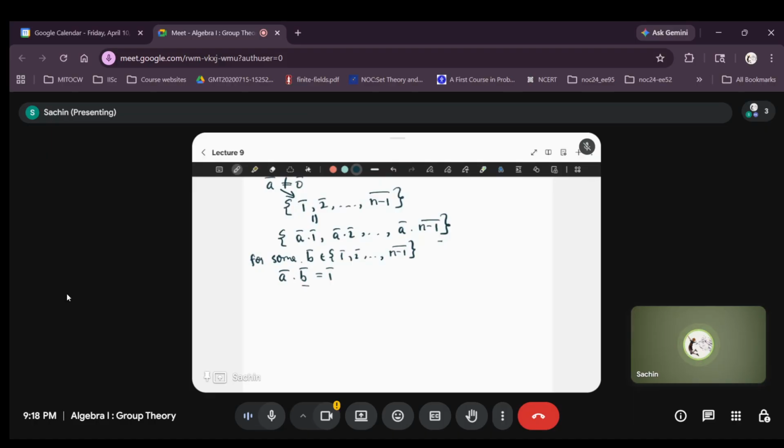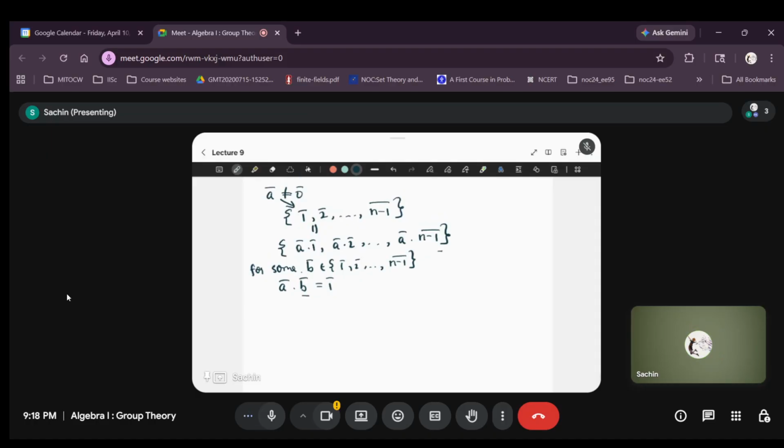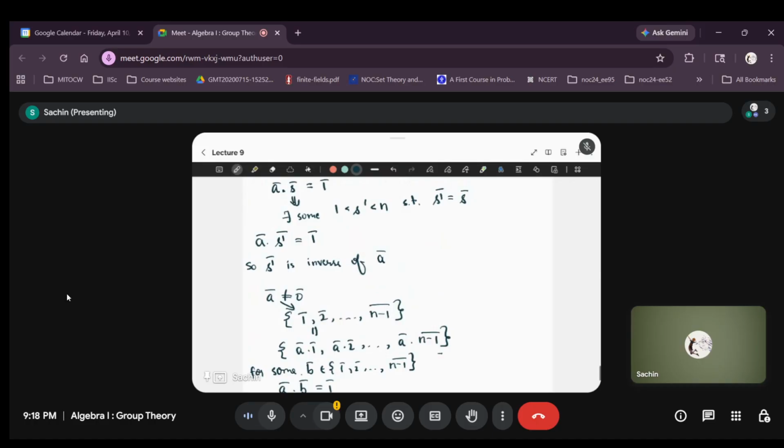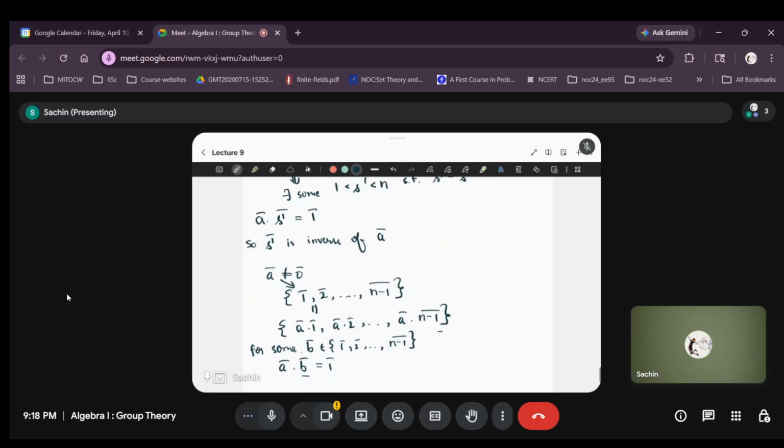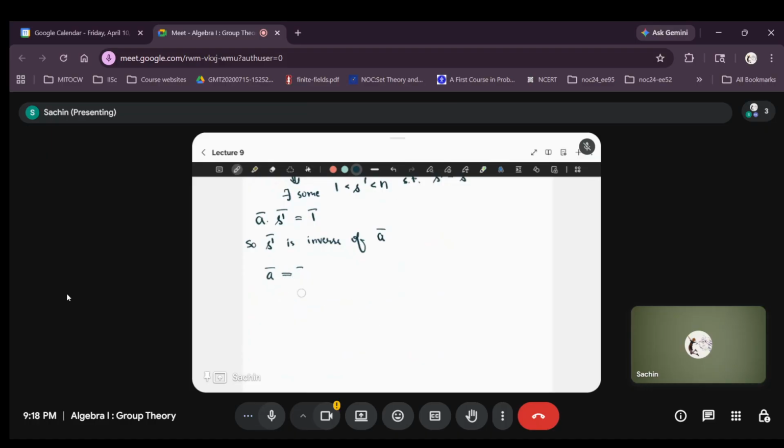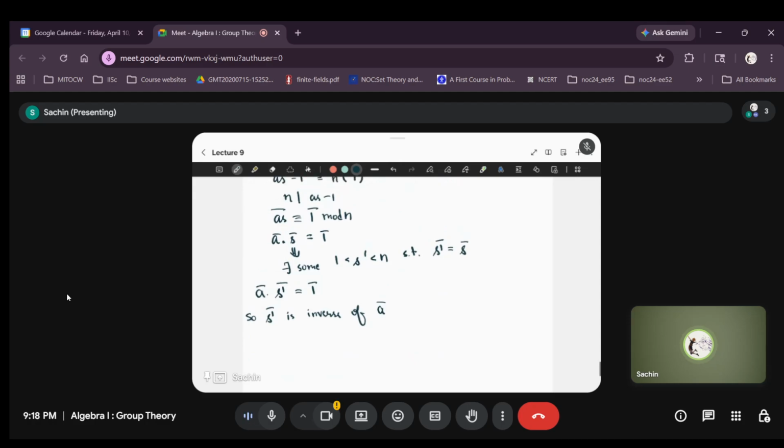So you found the inverse. b bar is the inverse of a bar. That's one way you can prove it if you know that when n is prime, Z mod nZ is an integral domain. Otherwise, you can't use that fact.